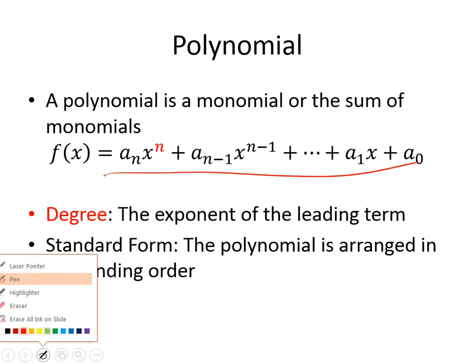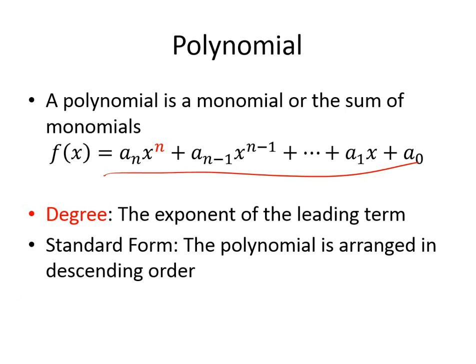And the key thing we want to look at here is what's called the degree of the polynomial. The degree of the polynomial will be the largest exponent. So if you look at all the terms in this function, whatever is the largest exponent is the degree of the entire polynomial. It's not the first one, it's the largest one, okay?